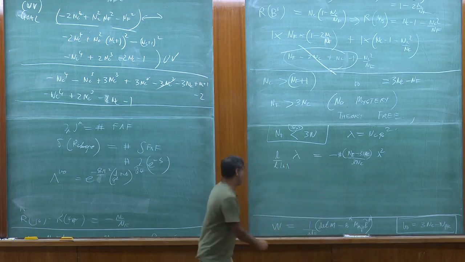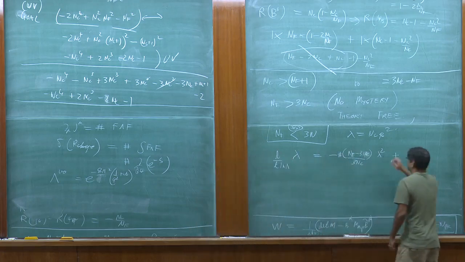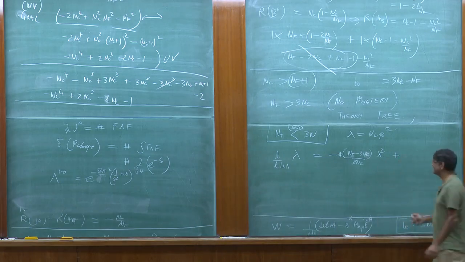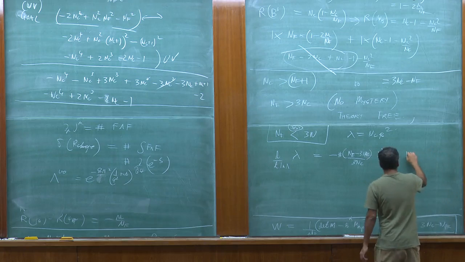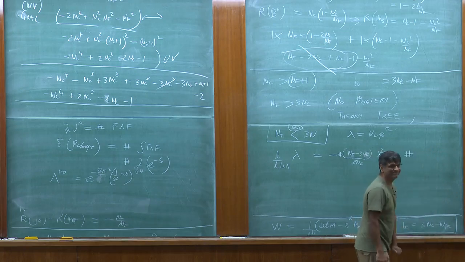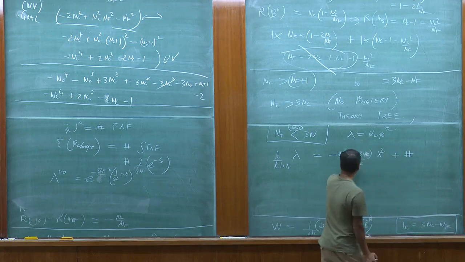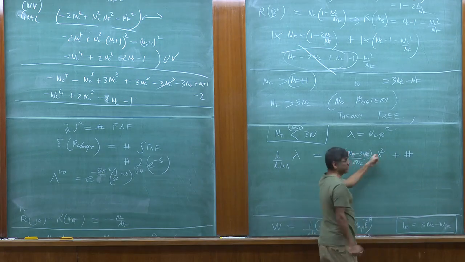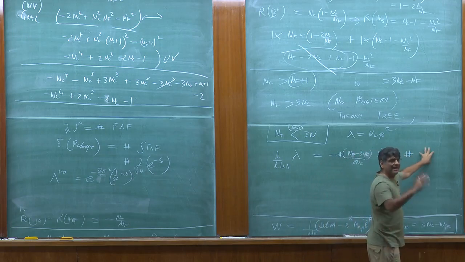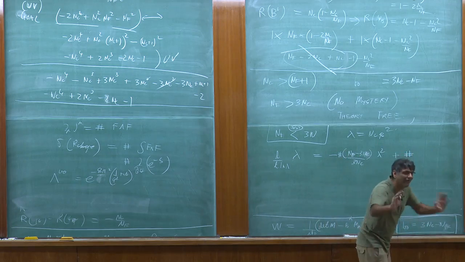And then we've got a lambda cube correction to this. The lambda cube correction is some number of order 1. This is anomalously small when NF is equal to 3nc, and some number which is of order 1, neither particularly big nor small, when NF is of order 3nc.